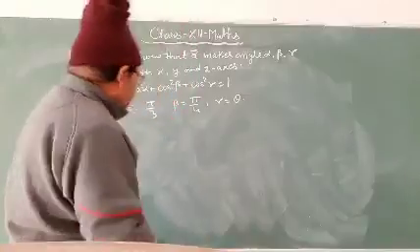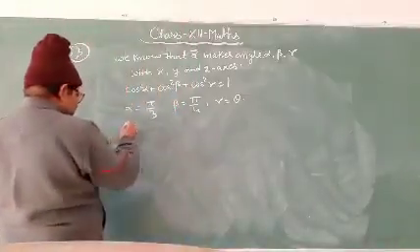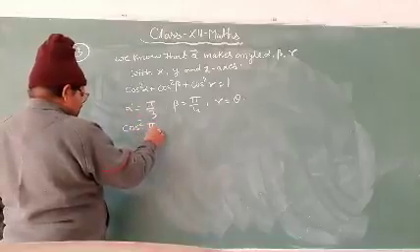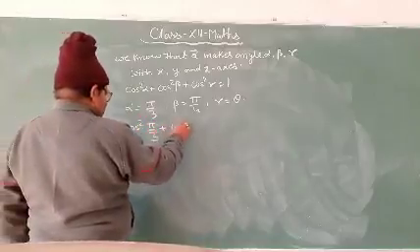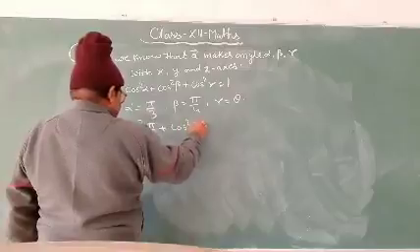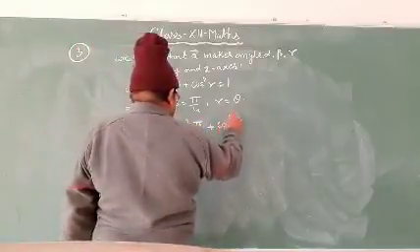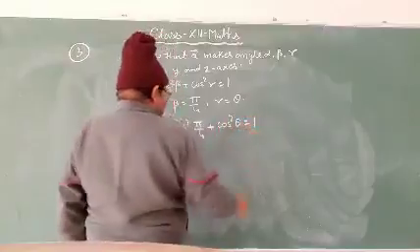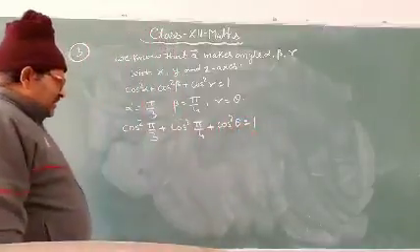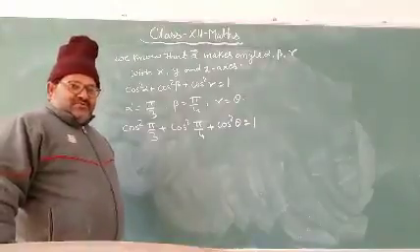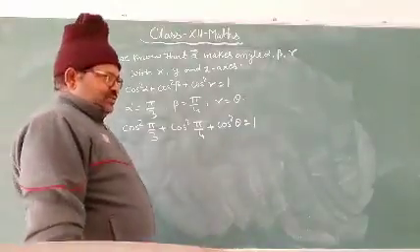So cos square pi by 3 plus cos square pi by 4 plus cos square theta equals 1. Cos pi by 3 is cos 60 degrees, whose value is 1 by 2.